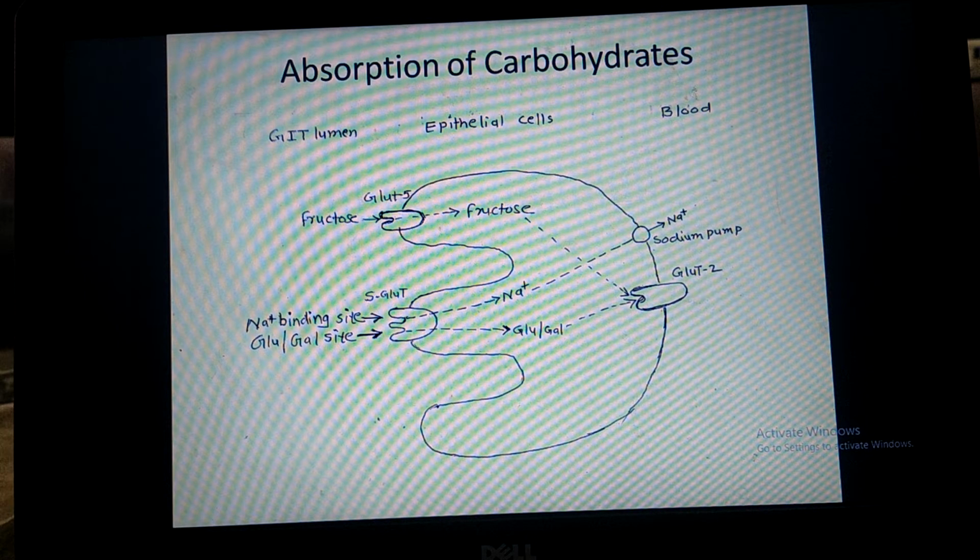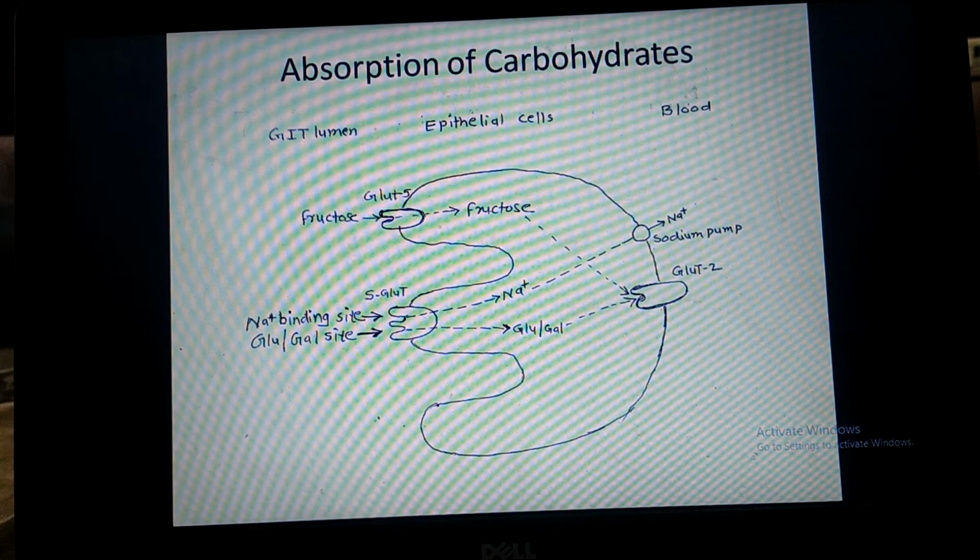First we will see the action of SGLUT or sodium dependent glucose transporter. Now this sodium dependent glucose transporter has two different sites. One for binding of sodium and another site is for binding of glucose or galactose. So one monosaccharide is bound at one site and sodium ion is bound to the other site.